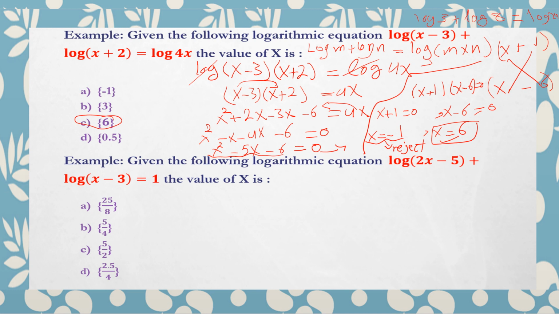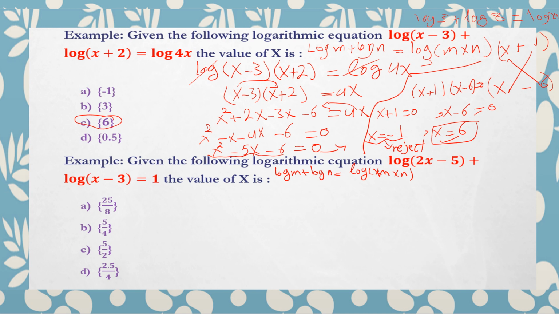Another example, for the following logarithmic equation, find the value of x, again by using the rule that says that log m plus log n equals log m times n.